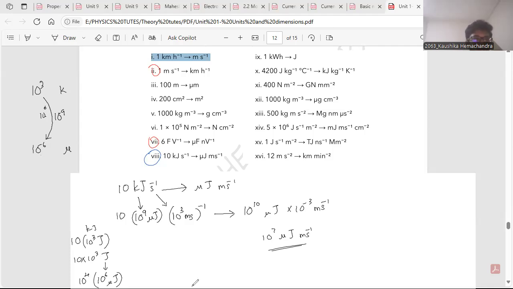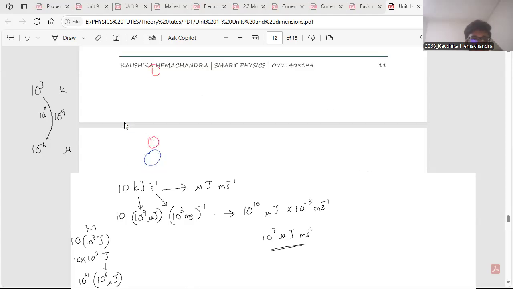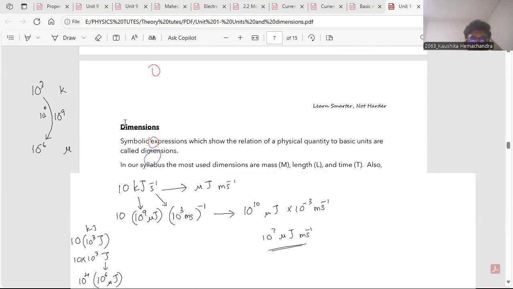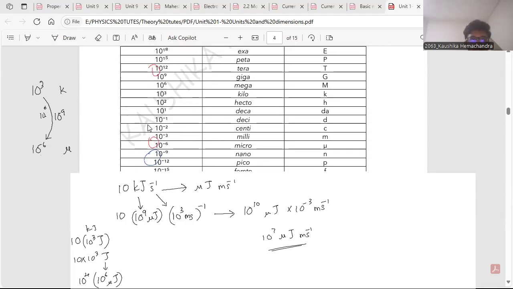So I'll take the table and explain again. So here, this is the table. So you are going now from kilojoule, right? Kilojoule 10 to the power 3 to 10 to the power 6, which is micro.